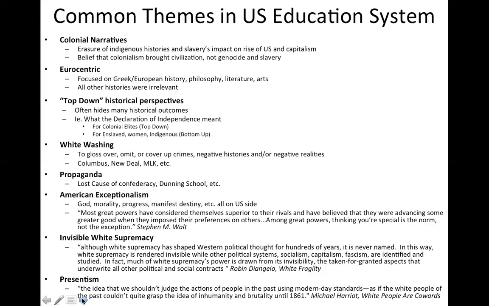But if you reverse that and do what we call bottom up, where we look at the people on the bottom of the social hierarchy at that time, indigenous people, enslaved people, women, and you look at their perspective on the history of this country, on the Declaration of Independence, we see a completely different narrative. We don't see so much the democracy. We see a small group of elites creating this country for themselves. We see the slaveocracy, we see patriarchy, we see colonialism and things like that.